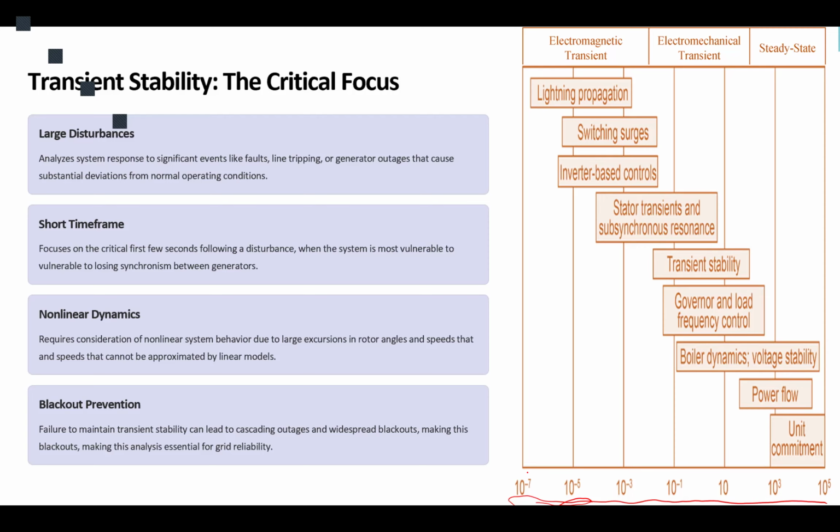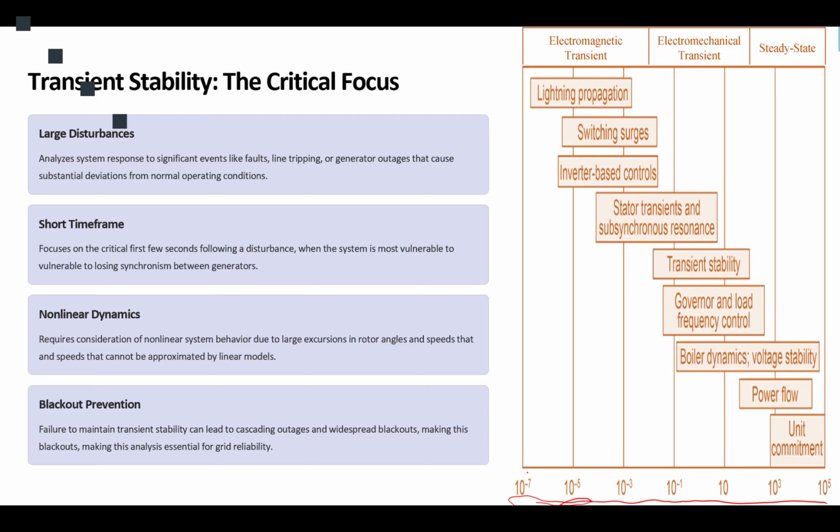Do you remember that formula? V_i, V_j times B or X, whatever, if impedance based or admittance based, times the difference of the deltas. Do you remember that? That was the formula for the power flow. So what we had was the difference of the delta, reactance, and the RMS voltages.